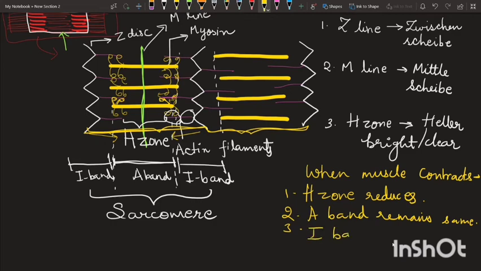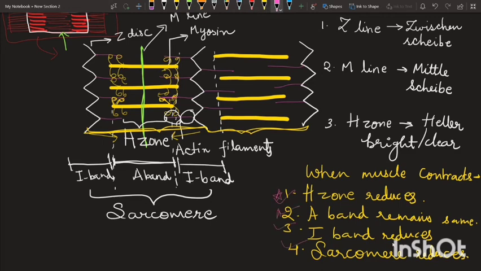So I band reduces, right? And what happens to the overall sarcomere structure? Sarcomere reduces.